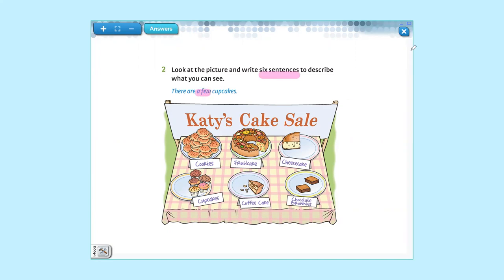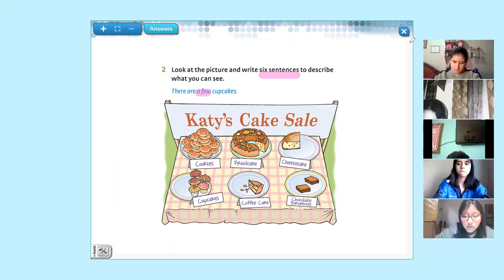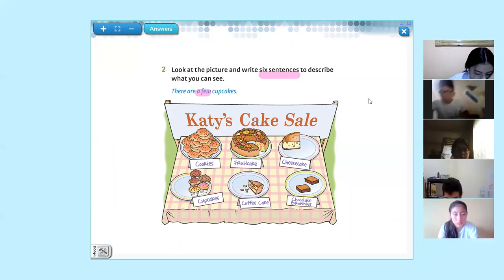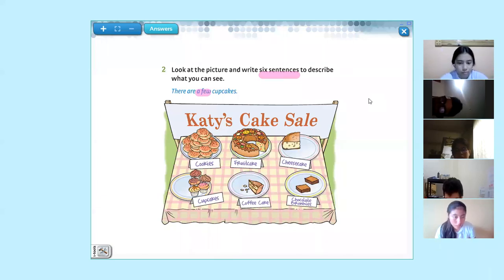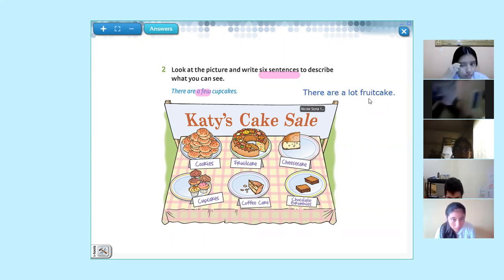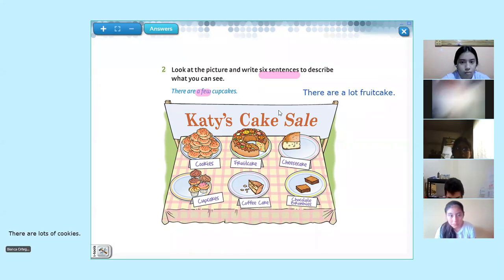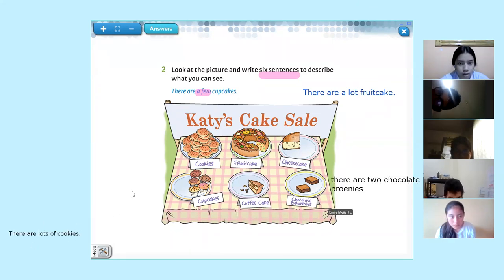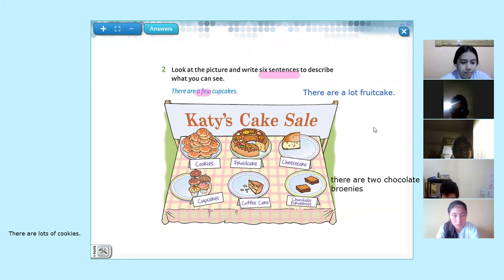Let's do it. Quickly, quickly. Ladies use the annotate bar. Boys use the Zoom chat to make the sentences using the pictures. Okay, Bianca started. Very good, Emily, continue the rest, okay?